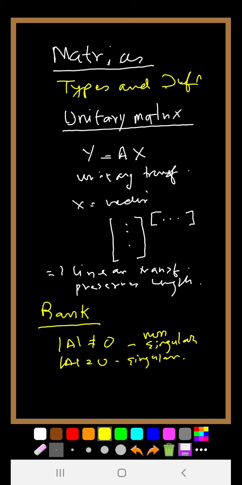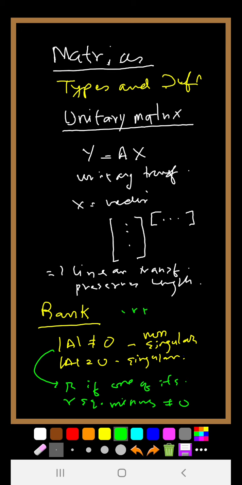Now, a non-singular matrix is supposed to have a rank R if one of its R square minors is non-zero, while every R plus 1 minor exists and is 0.